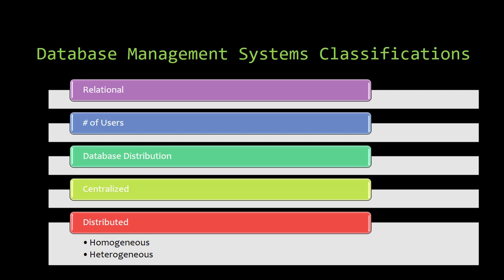Whether it's connected physically or through the internet, they are connected through various sites. The homogeneous distributed database systems use the same DBMS software from multiple sites. We're going to exchange between those sites, and it's going to be handled very easily.